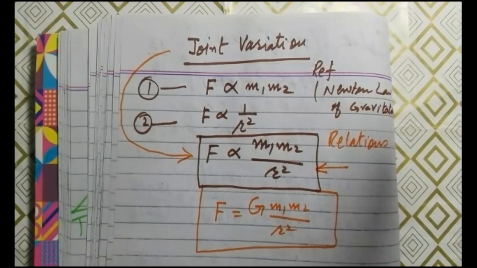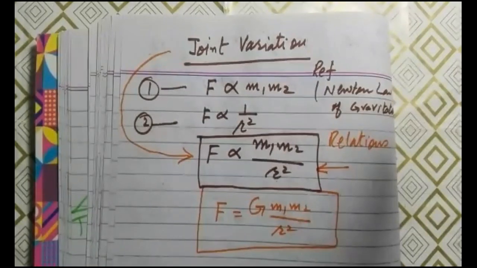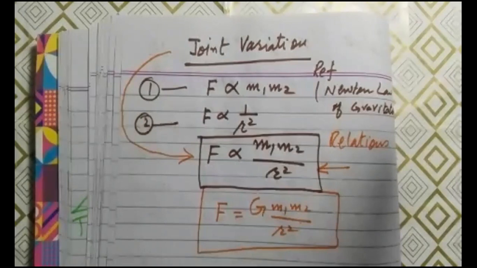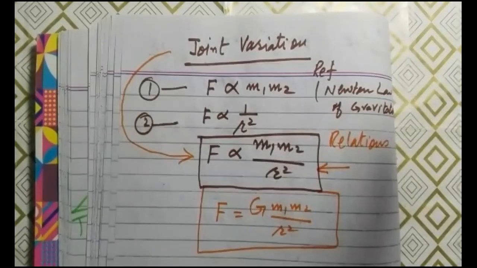We have done these types of questions in exercises 3.1 and 3.2, but in 3.2 we did a few questions for direct variation, a few questions for inverse variation, but they were separate. Fine. But in this exercise you will see that in a single question a few values will be varying directly and a few values will be varying inversely, and then we will connect them together. Let's see the statement of the question, and then we will start.